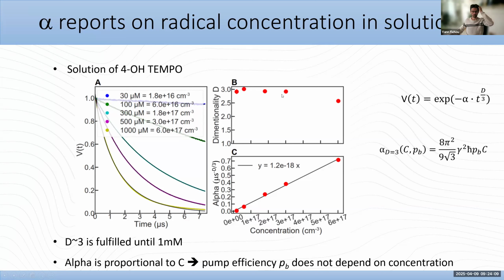We see D equal 3 here until a certain concentration. That's because we have steric hindrance. It's too populated, so it's no longer randomly distributed, and we have a drop in D. When you look at this alpha, you see that it's proportional to the concentration, which again is expected from this equation you see to the right. The only thing we can conclude, in addition, is that this pump efficiency is not dependent on the concentration because it's linear here.